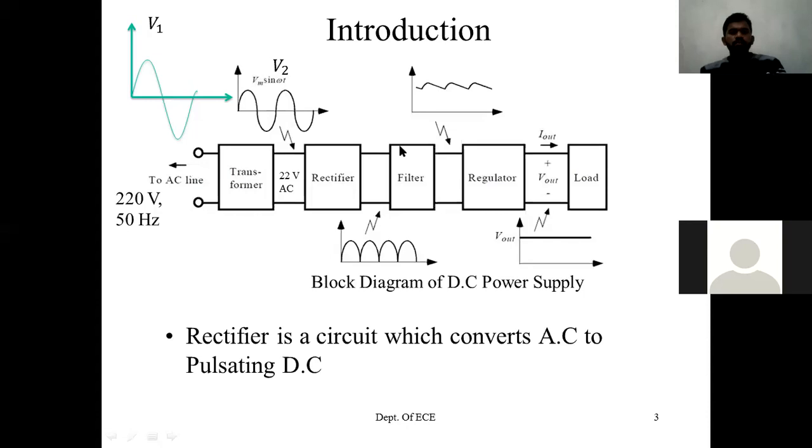Okay, so some of the filters we are going to discuss in module 1 is the capacitive filter, and some of the voltage regulators we are using in this module 1 are the Zener voltage regulator and the 3-pin IC regulator. In the coming classes we will discuss all these things.